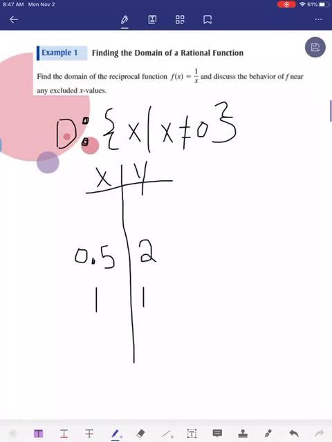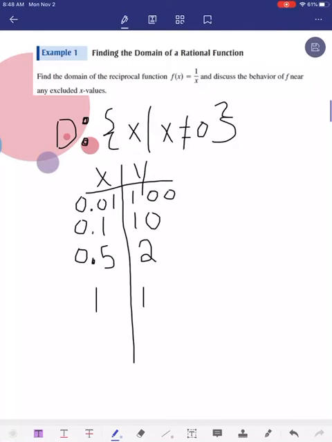And again, we want to think, can we get closer? And the answer is yes. So let's say we wanted to plug in 0.1. In that case, we would get 10. Well, can we get closer? Well, yes. If we plugged in 0.01, we would get 100. And so it's going to continue in that same pattern.